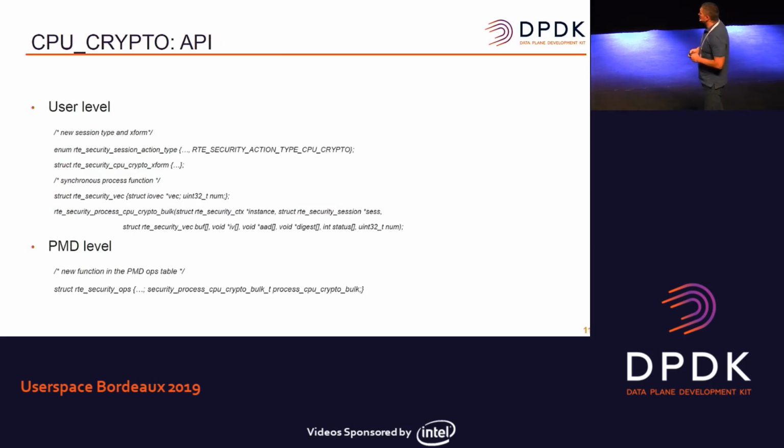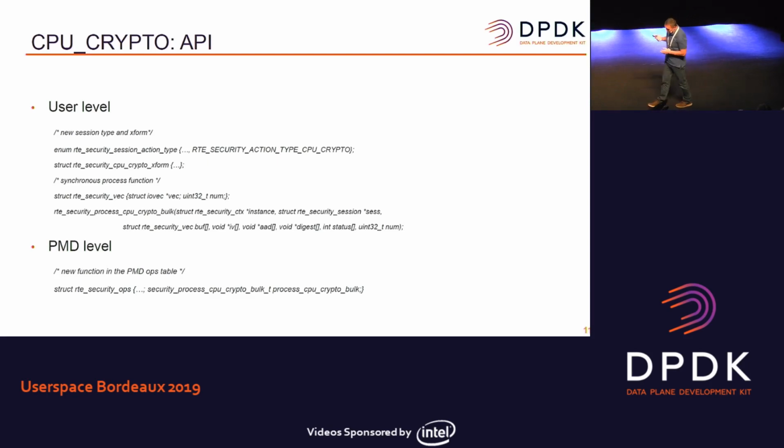From the PMD perspective, it's a new ops in our rte_security vector of functions. From the user level perspective, it's a new action type and new xform, and then you invoke your usual security init and security create, and then you invoke this function process CPU crypto bulk, which takes, as I said, input data as parameters.